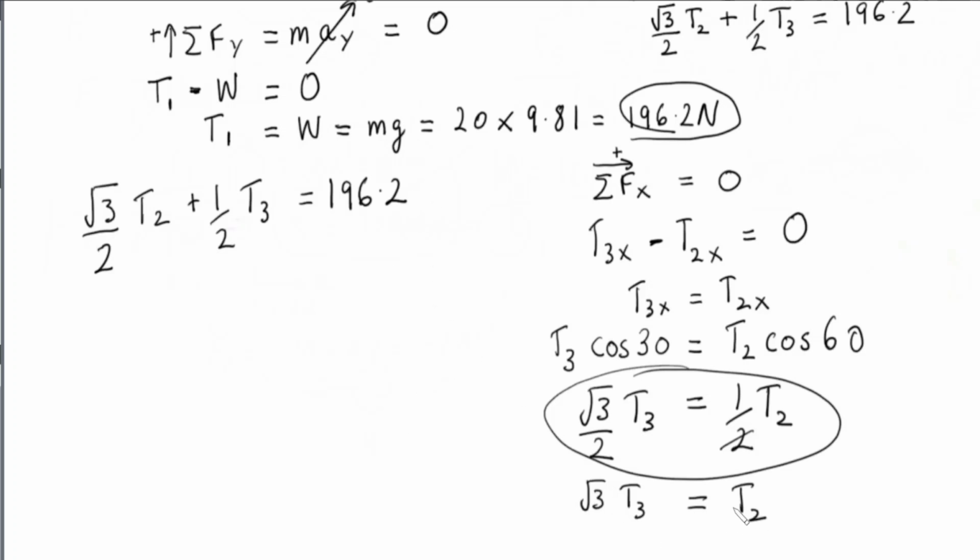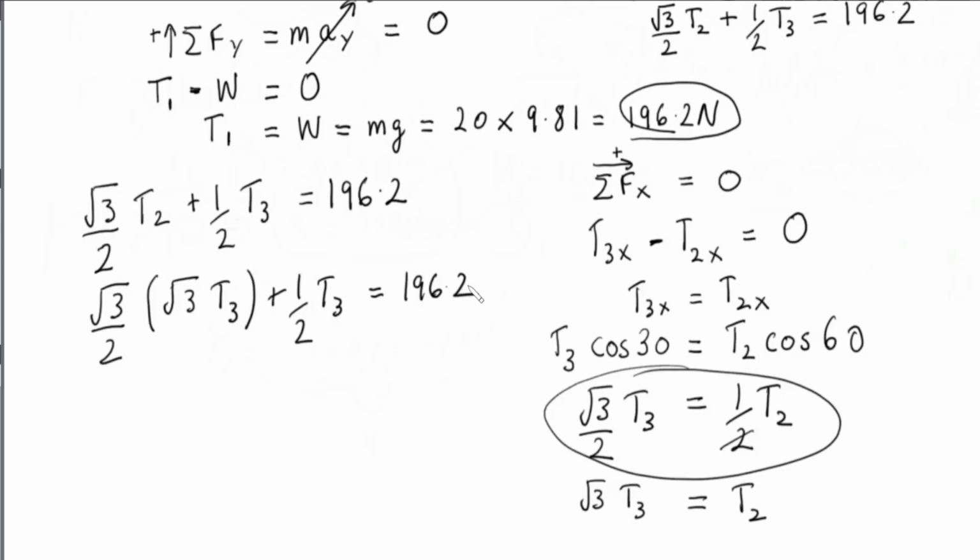So let's sub in root 3 T3 into the equation. So we'll get root 3 on 2 times root 3 T3. And we'll leave this one as is, so it'll just be half T3 equals 196.2.